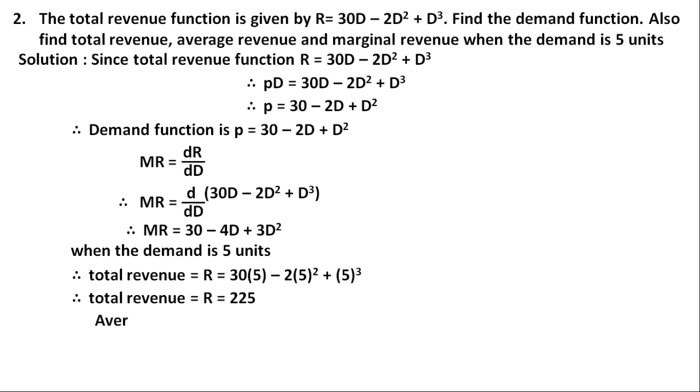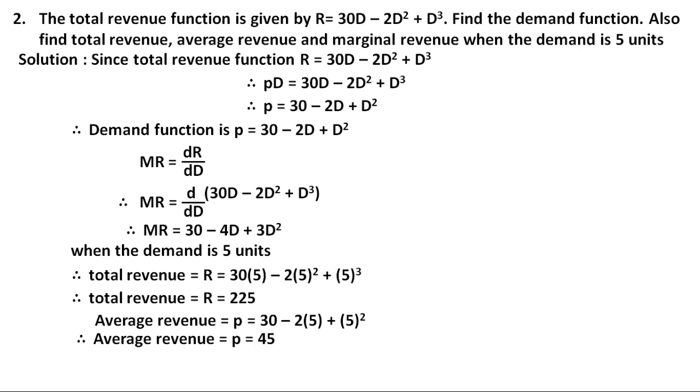Average revenue is equal to P. P is equal to 30 minus 2 into 5 plus 5 raised to 2. Therefore, average revenue is 45.